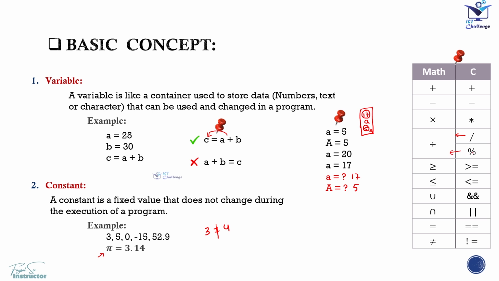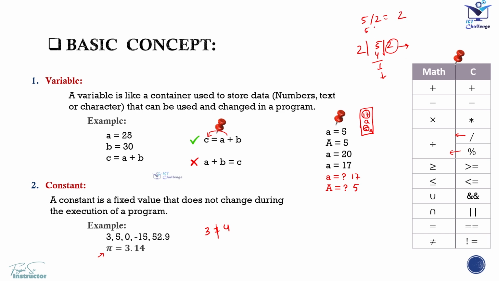That means this sign indicates the remainder value of a division. Like if I divide this 5 by this 2, then we have 2 as our quotient. That means this is our division result, and this one is our remainder. Like 5 divided by 2, we will get 2 as the division result.